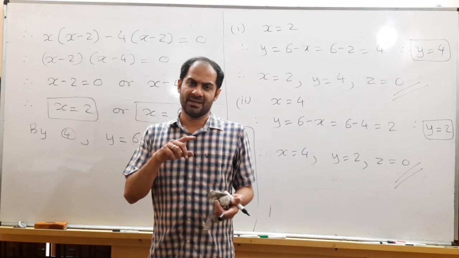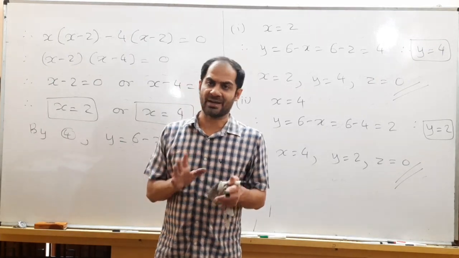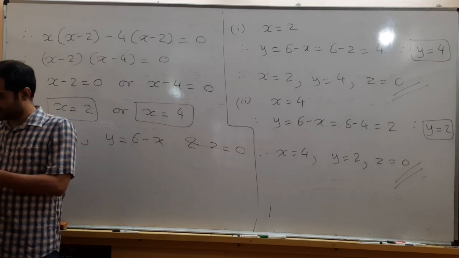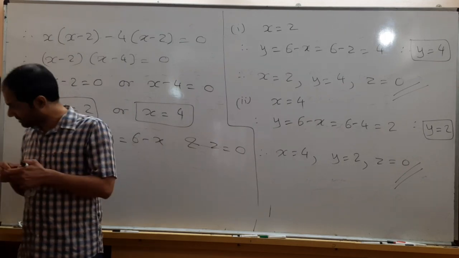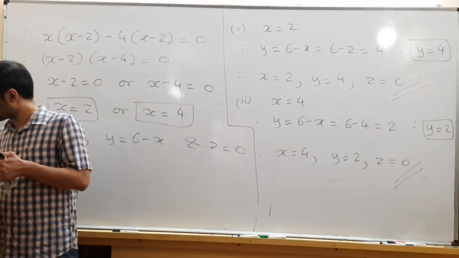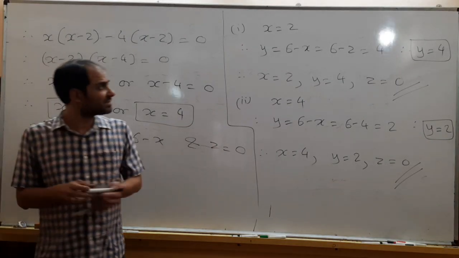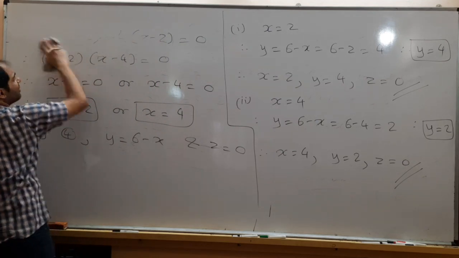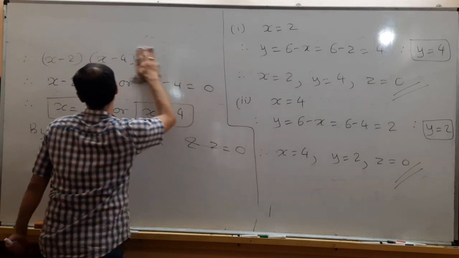There is nothing like division in matrices. So now the next topic is operations on matrices. I hope this was clear, not at all tough, and you easily got it.